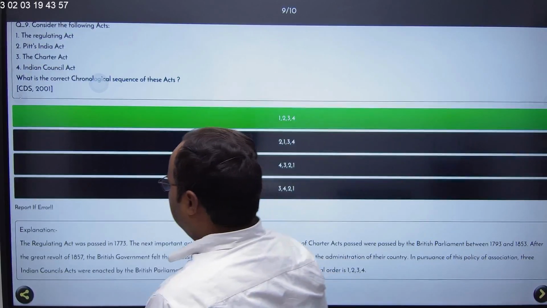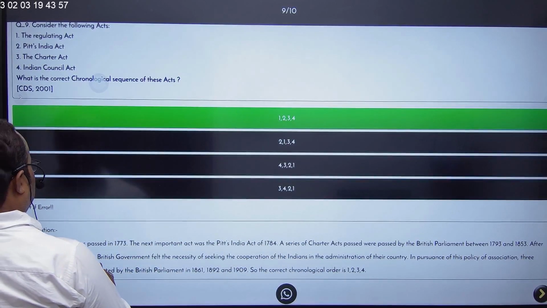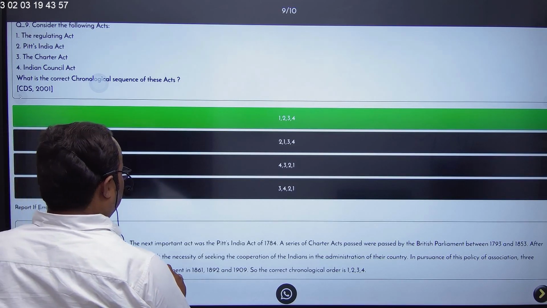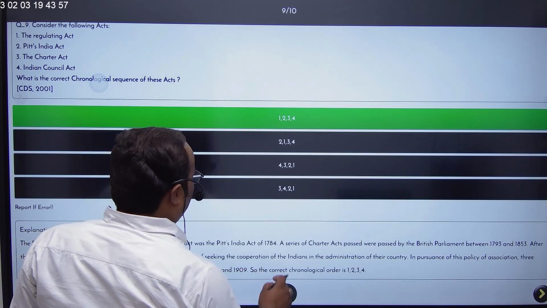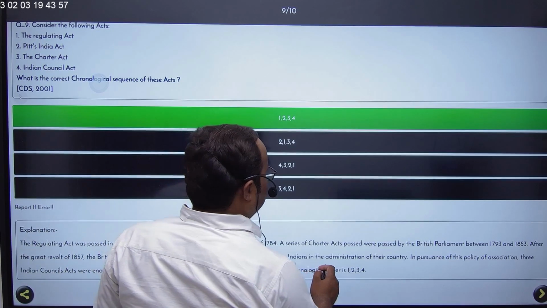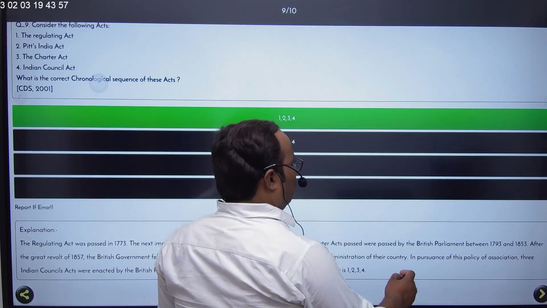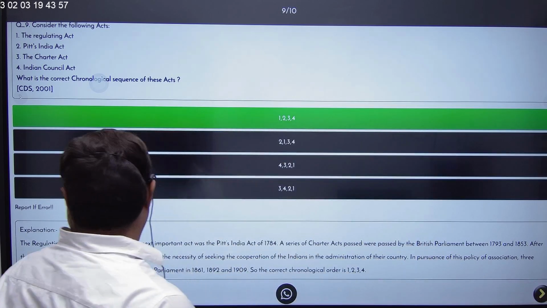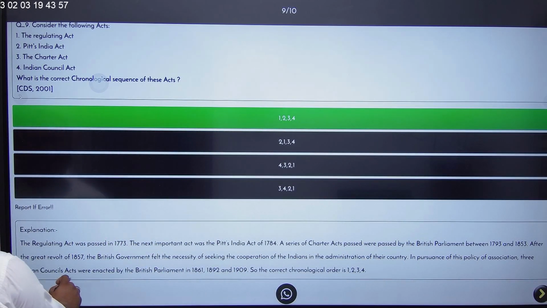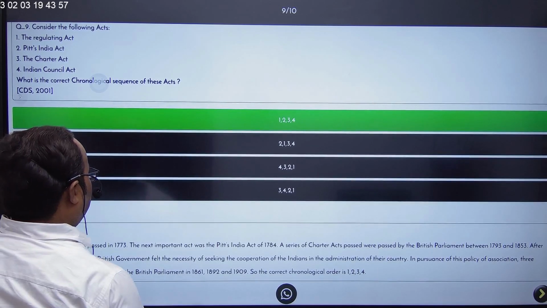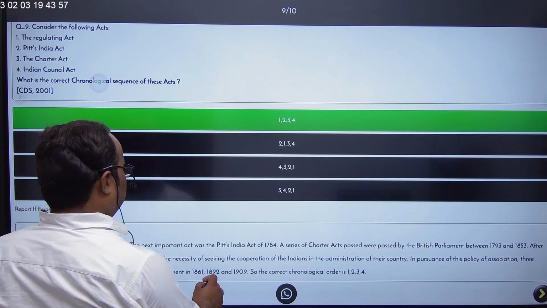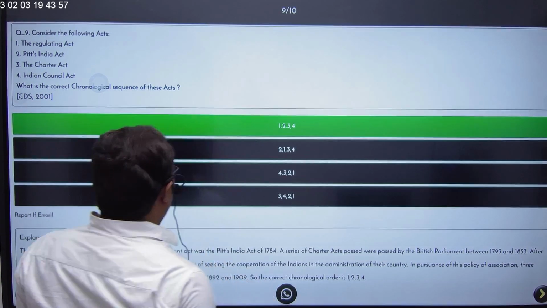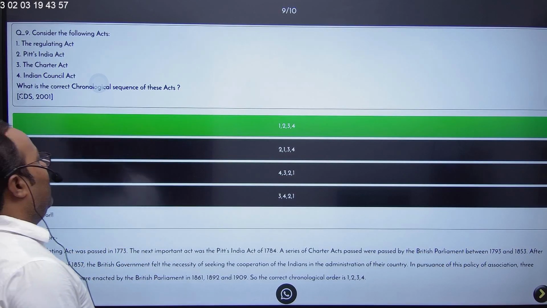After the Great Revolt of 1857, the British government felt the necessity of seeking the cooperation of the Indians in the administration of their country. In pursuance of this policy of association, three Indian Council Acts were enacted by the British Parliament in 1861, 1892, and 1909. So the correct chronological order is 1, 2, 3, 4. So the answer is 1, 2, 3, 4.